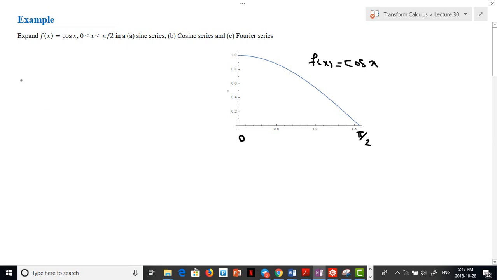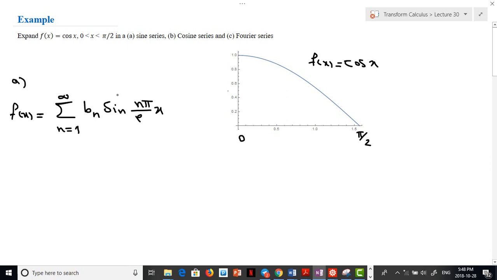First, we want to expand it using sine series. In sine series, we assume that we reflect our function with respect to the origin, and we have an odd function. For an odd function we have a sine series, so f(x) is equal to the summation of bn sine(n pi over p x), n from 1 to infinity.